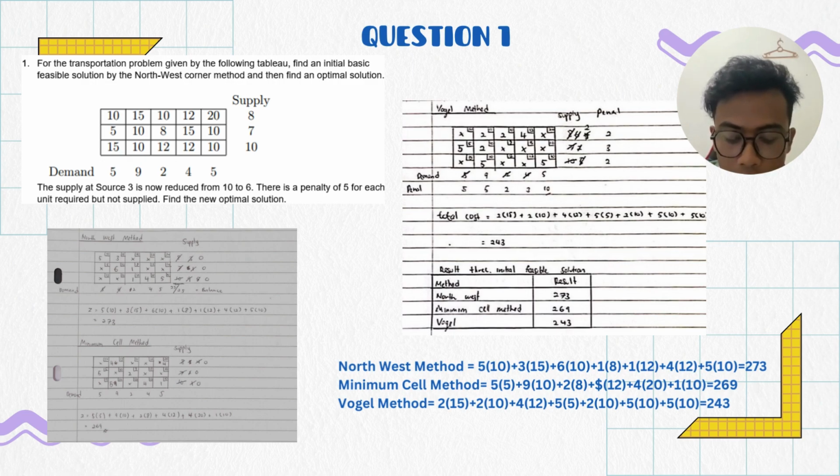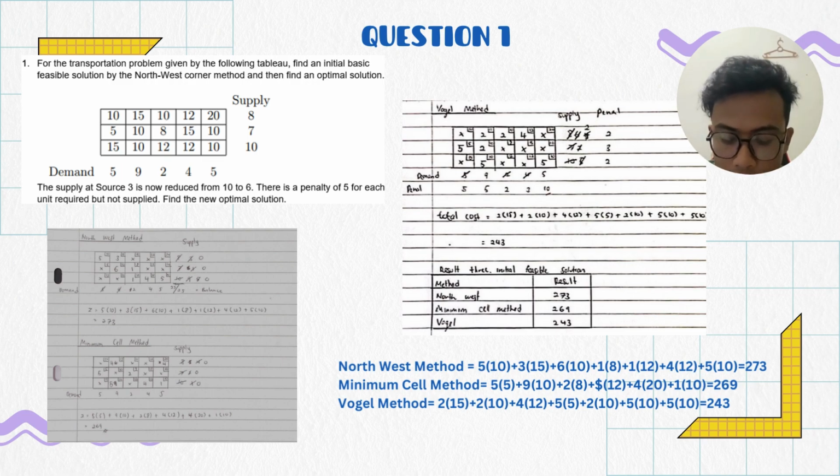For the second row, I take 5 and 8, and we subtract it, we got 3. And the third one is 12 and 10, and we got 2. The same for the demand columns, we got 5, 2, 3 and 10.